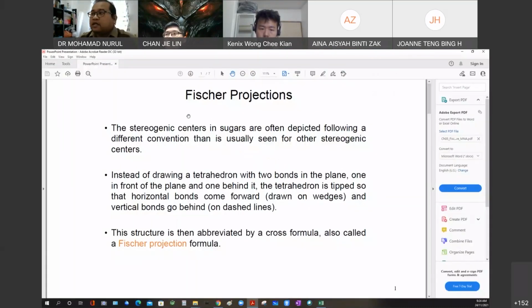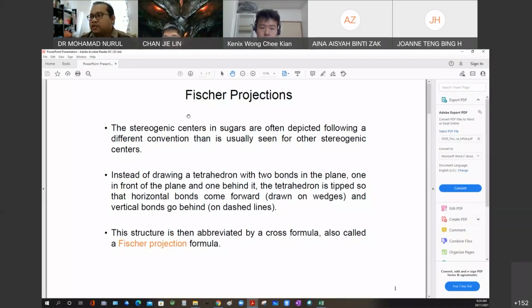This is about Fischer projections, another topic regarding stereochemistry, usually used in biochemistry, especially in sugar chemistry. For more detail, you can refer to chapter 26 in your books regarding carbohydrates. We just touch a little bit on Fischer projections. They have a few examples in this subchapter, so you can do them and discuss with me.